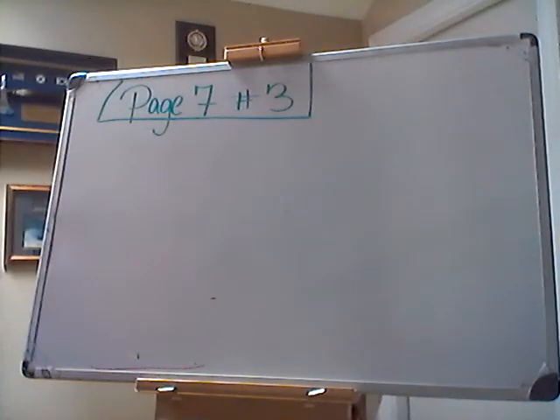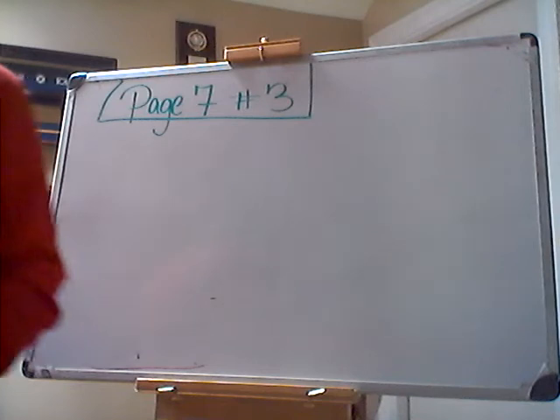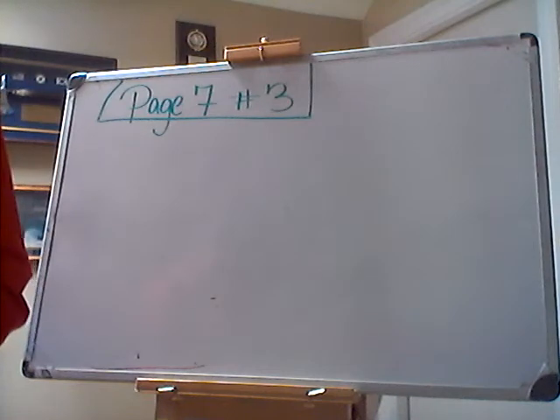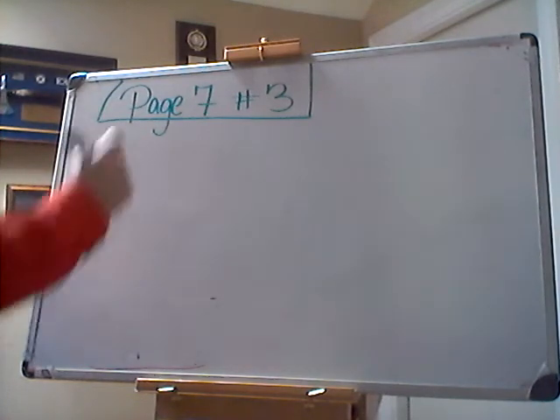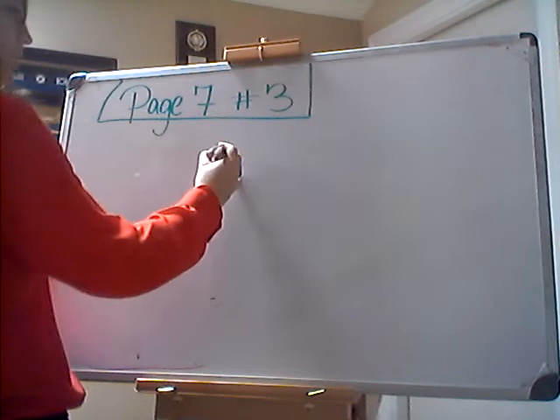Page 7, number 3. It takes Jill 2 hours to run 14.5 miles. At this rate, how far could she run in 3 hours?